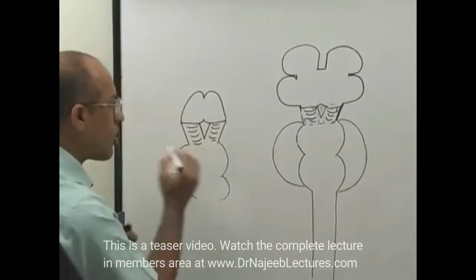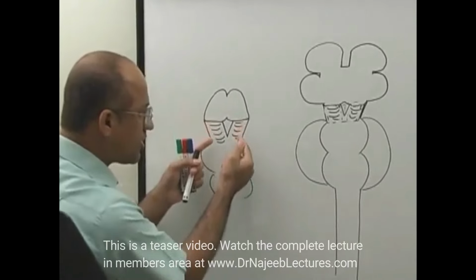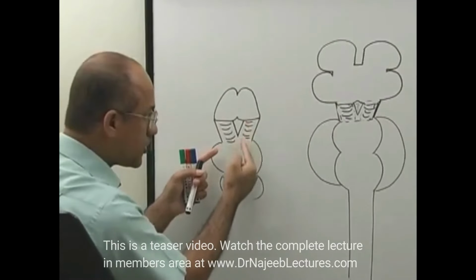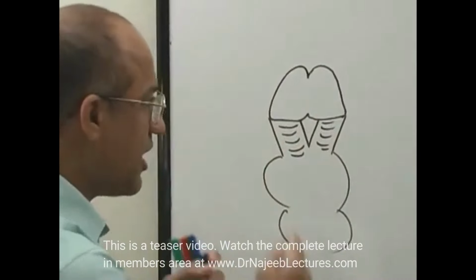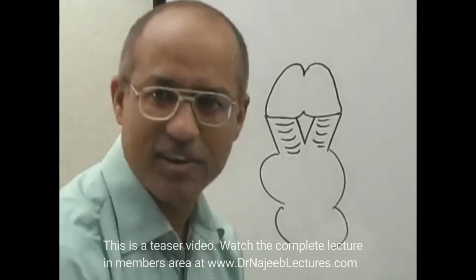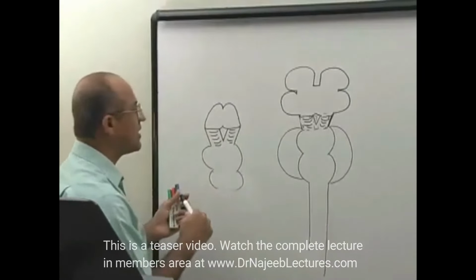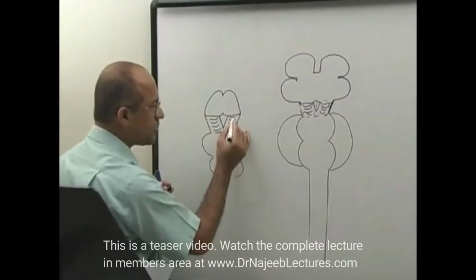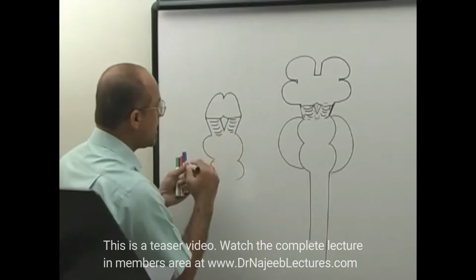It is the front of the midbrain. There are two columns, right and left. What are these columns called? These are called the crus cerebri.